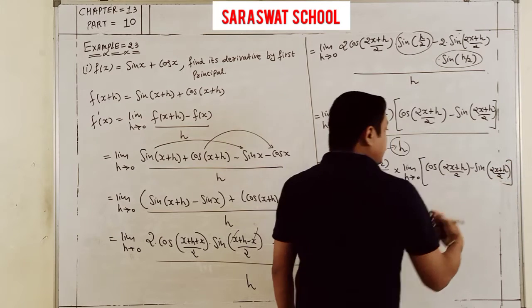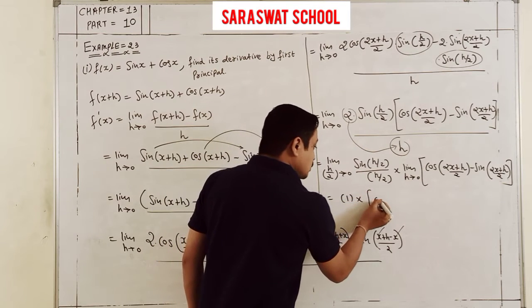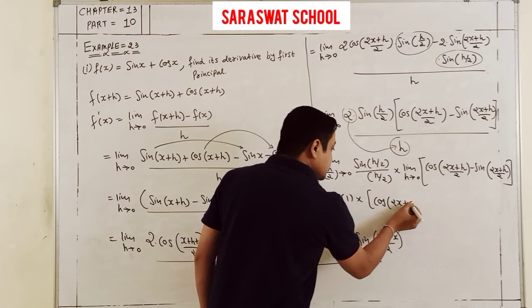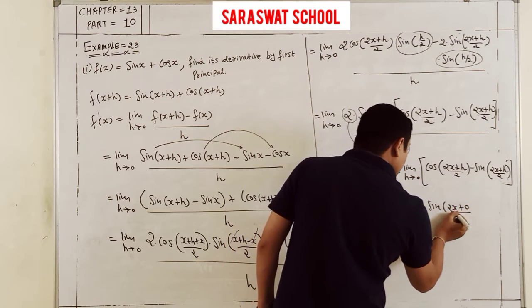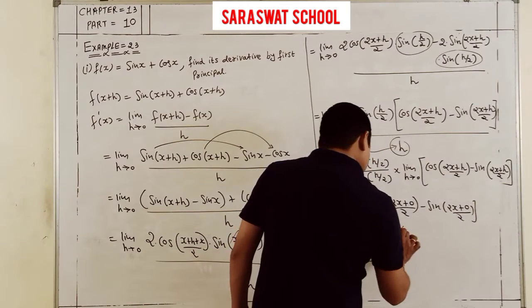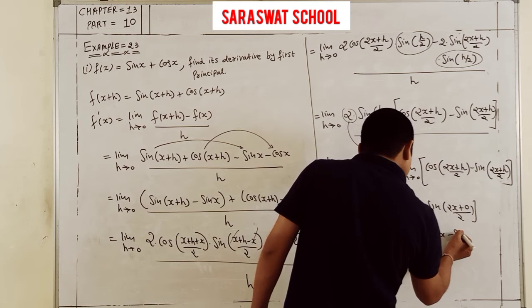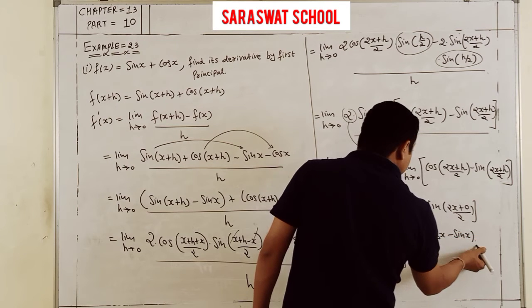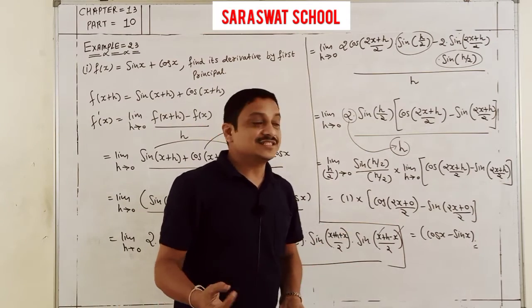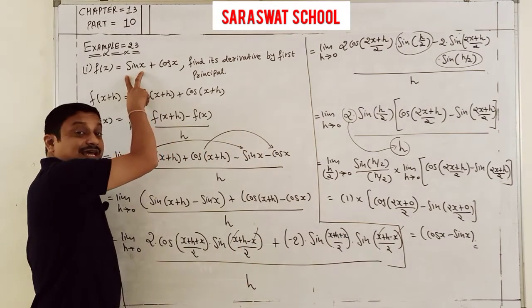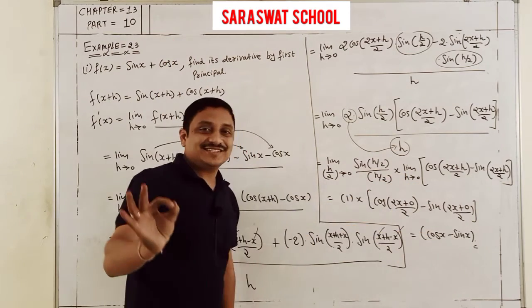The first limit is 1, and that is cos of (2x plus 0) by 2 and sin of (2x plus 0) by 2. Indirectly students, your answer is done here. The answer is cos x minus sin x, and you easily get it in this form. This answer you can also judge directly: the derivative of sine is cos and the derivative of cos is minus sine.